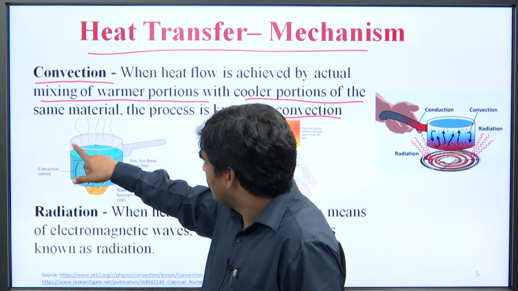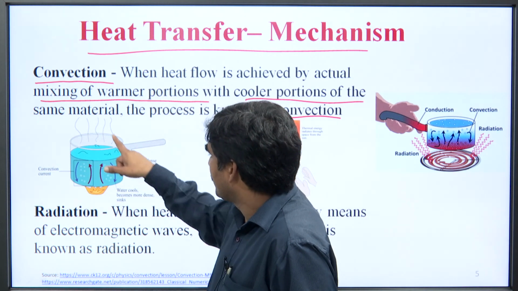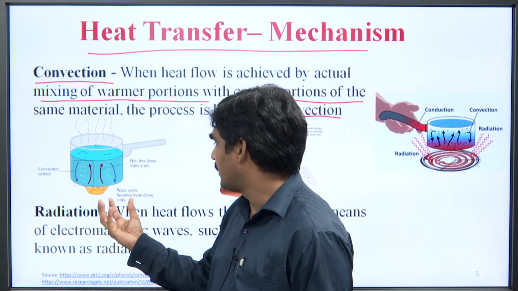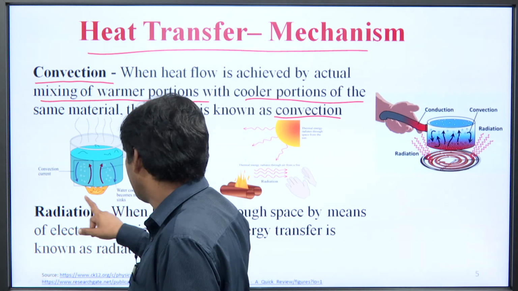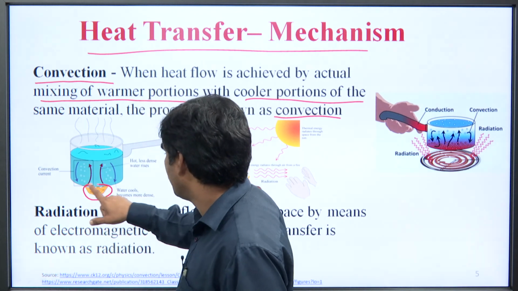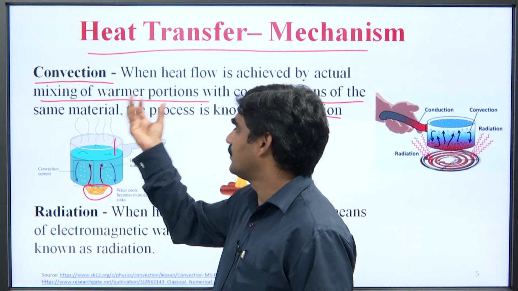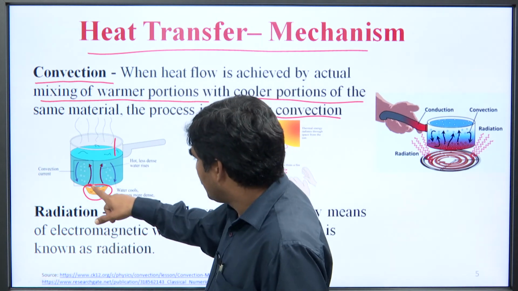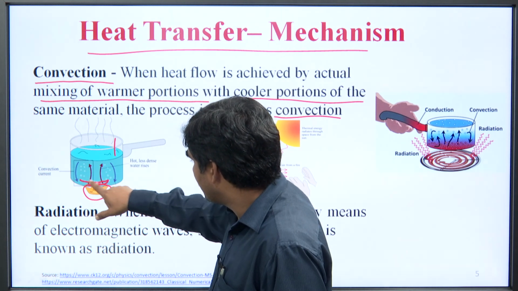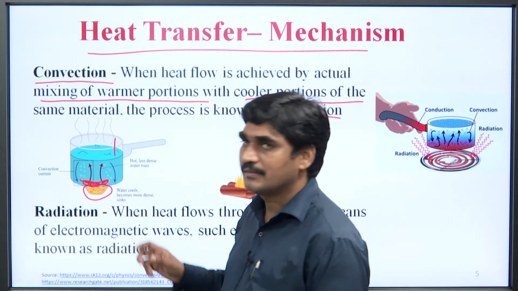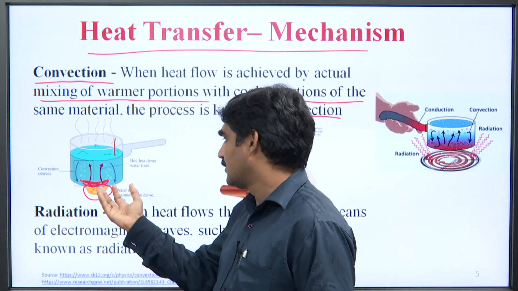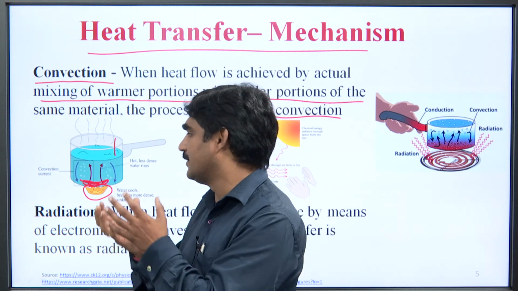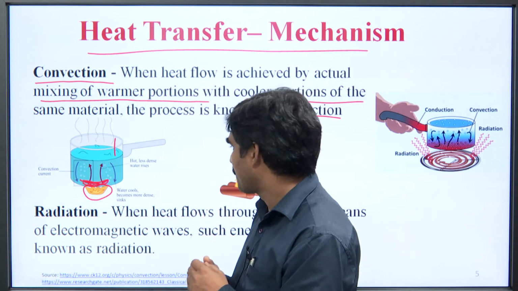Let us take an example. This is a pan in which water is filled, and from the bottom of the pan heat is supplied. This is the source of heat through which heat is supplied to the container. What happens? The layer which is in close contact with the heat source gets heated and becomes lighter.